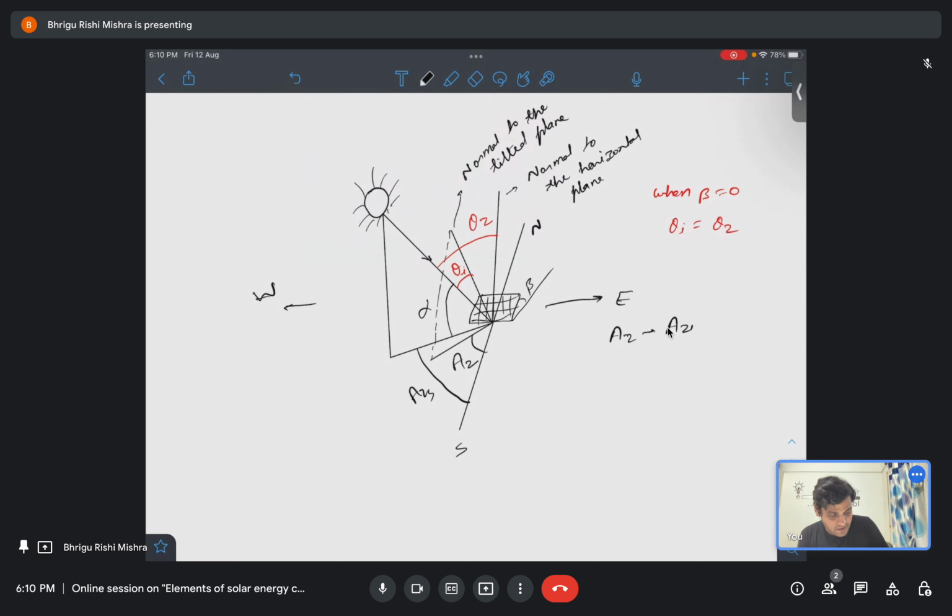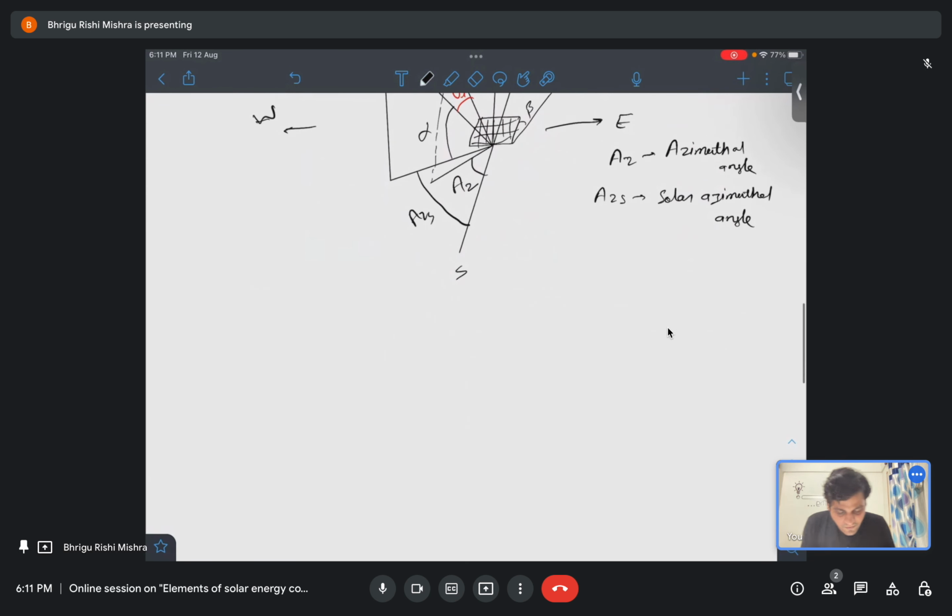Here AZ is the azimuthal angle. It is also sometimes called the surface azimuthal angle, and AZS is the solar azimuthal angle. Theta is the incident angle, theta z is the zenith angle, alpha is the solar altitude.